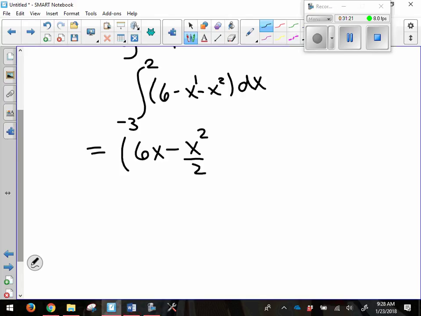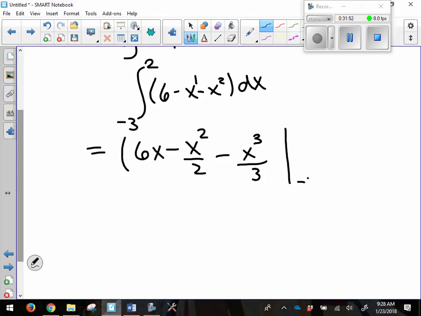Okay. Rebecca, why don't you try the next one? It's x squared, so when I take the antiderivative, I'm going to raise the power by 1, so it's going to be x to the 3, and then I divide by the new power, which is 3.